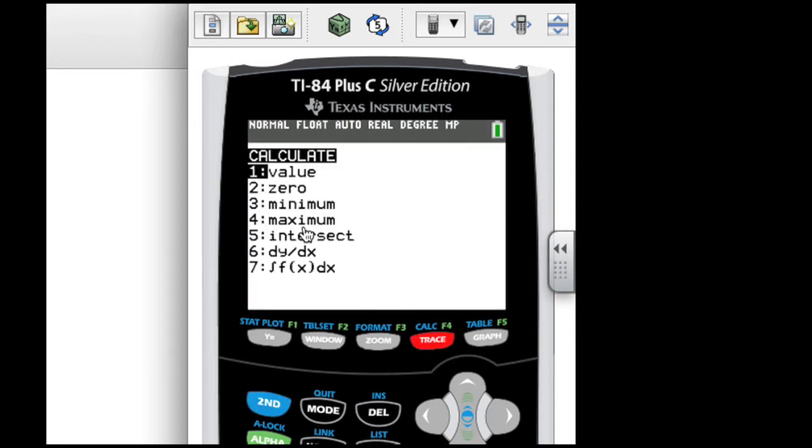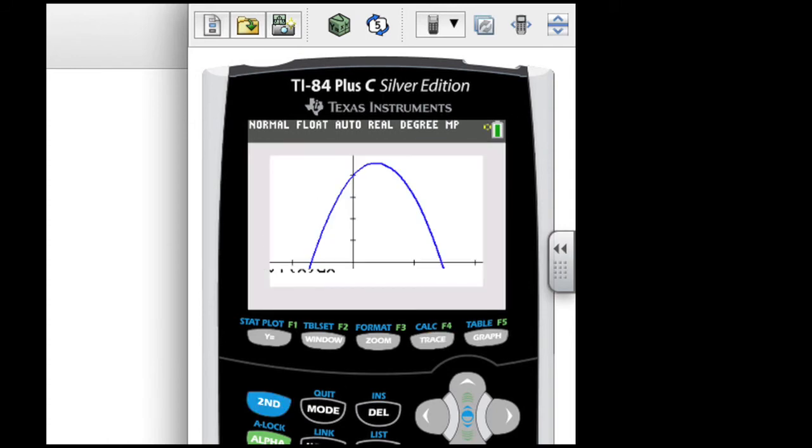Under calc, I see where it says maximum, so I press 4 because I want to get the maximum value, which is going to give me the vertex. Here it's asking for the left bound, so I'm going to scroll to the left of what I believe to be the vertex, press enter. Next it's asking for the right bound, so now I'm going to scroll to the right so that I'm right of what I believe to be the vertex. Press enter again.